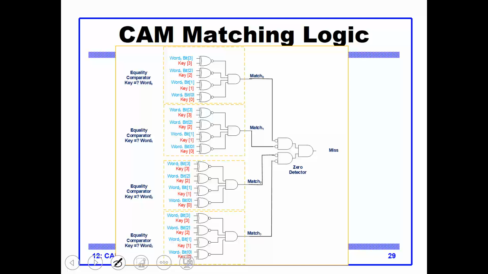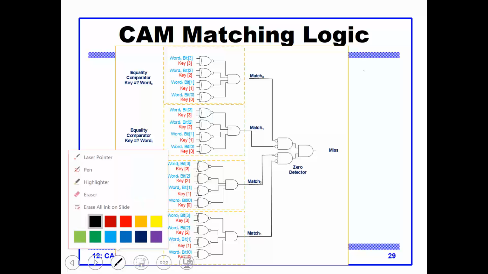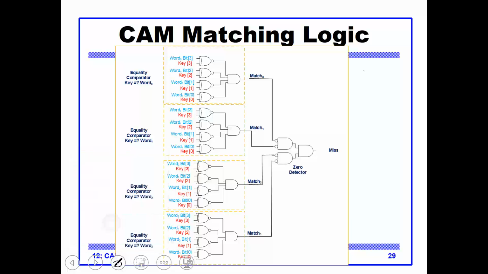In my CAM memory, suppose I have four words: this is word 0, word 1, word 2, and word 3, and then I have a key here. So how would this matching happen?